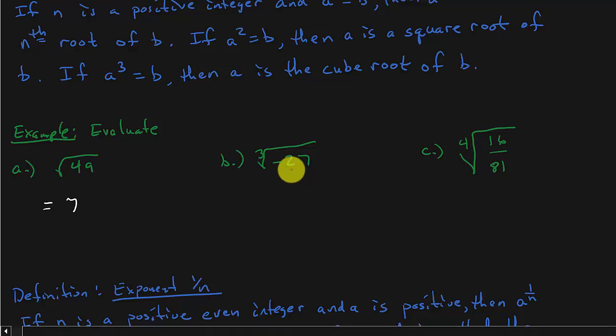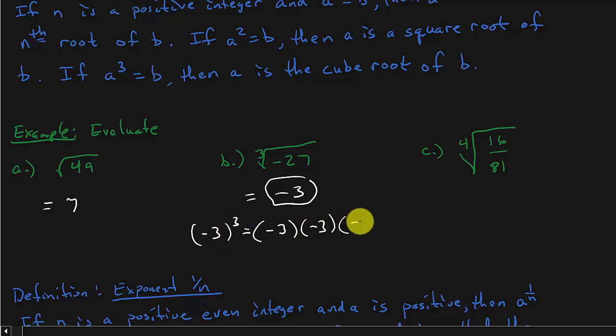In this case, we want the cube root of negative 27. What number can we raise to the third power to get negative 27? That's negative 3, because negative 3 cubed is negative 3 times negative 3 times negative 3. Negative 3 times negative 3 is 9, and 9 times negative 3 is negative 27.